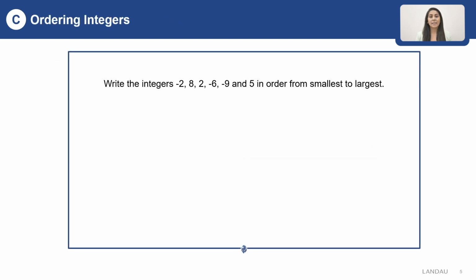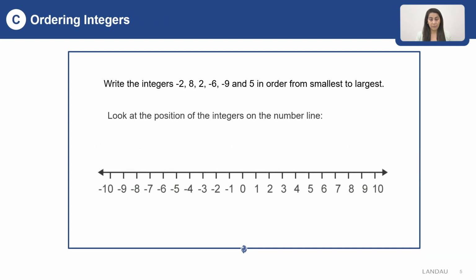A number line can help you to order the integers as well. Let's have a look at the number line that we have. The integers that we need to order are on your screen: -2, 8, 2, -6, -9, and 5. First thing that we need to do is to place these numbers on the number line.